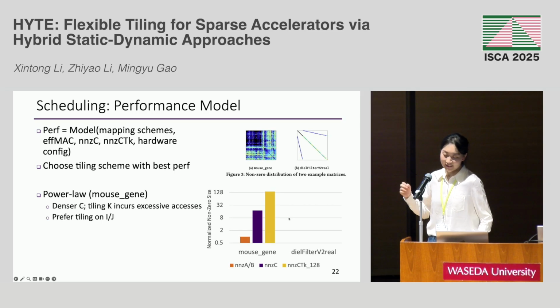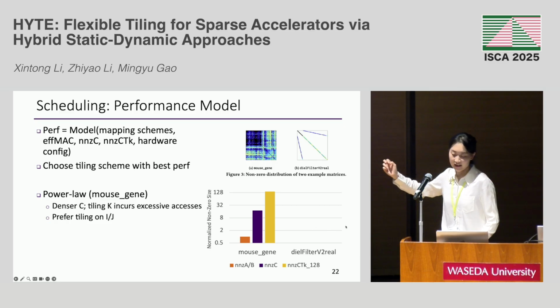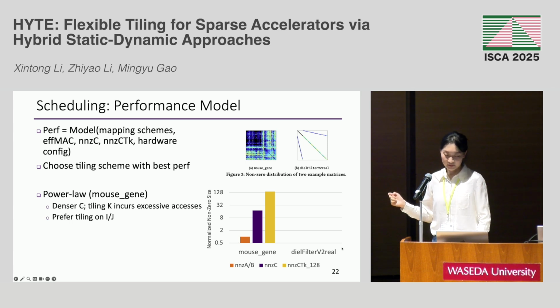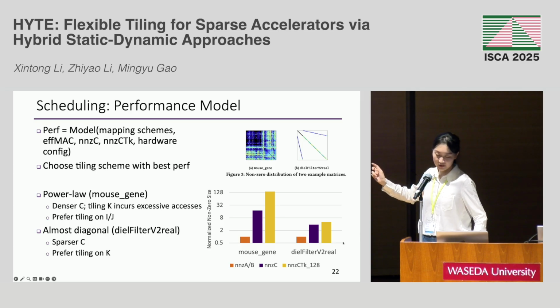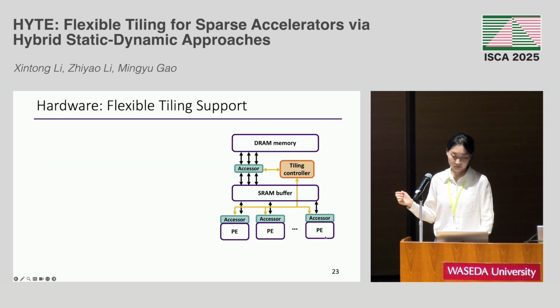For concrete examples, on the left, the power law tensor's NDC is 18 times larger than the input, with NDCTK increasing 8 times. However, on the right, for the almost diagonal tensor, C is only 4 times larger, and NDCTK increased by 30%. Thus, the right tensor is better suited for tiling along the K dimension.